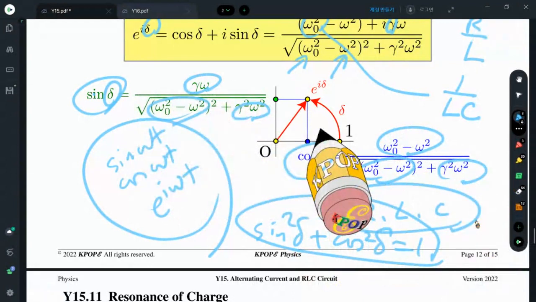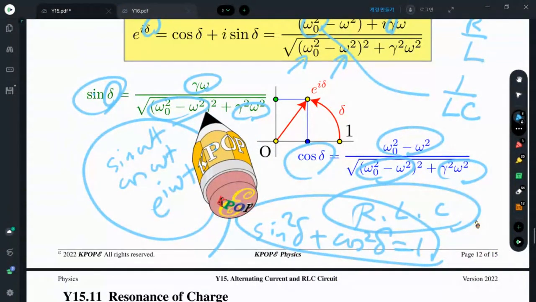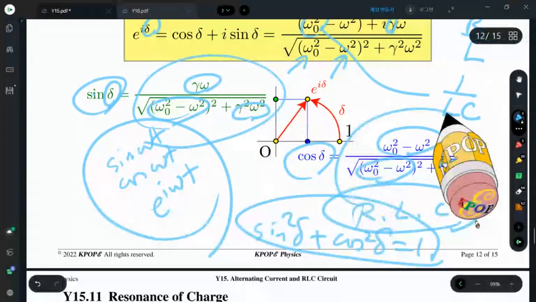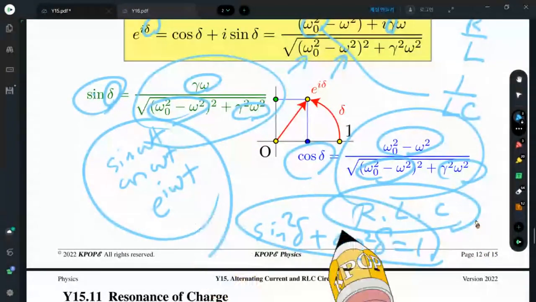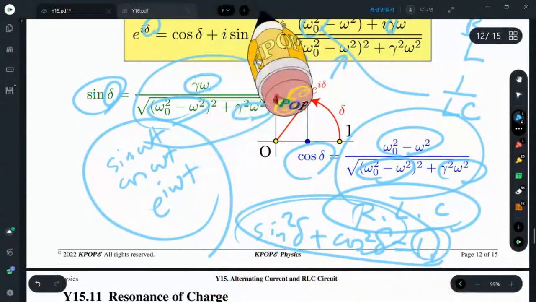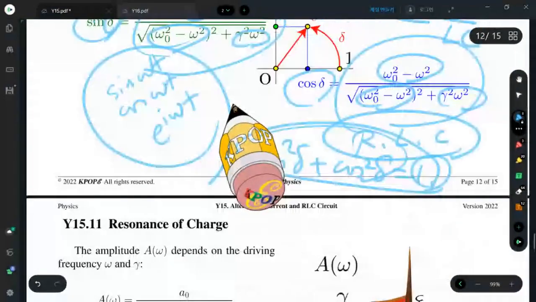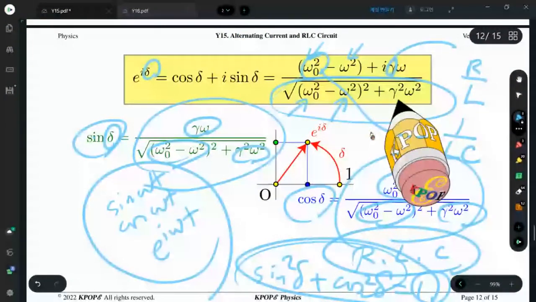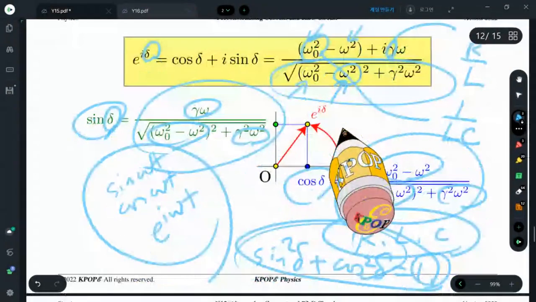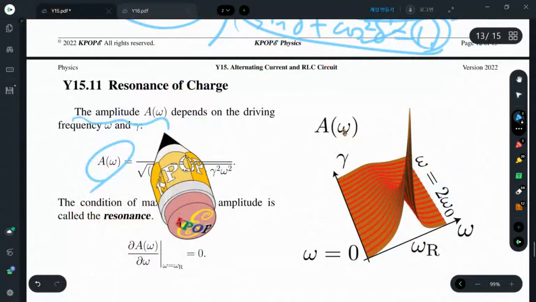Whatever omega, whatever gamma, omega 0, whatever value you substitute, these two numbers are cosine and sine, and their square sum must be unity. You know, there is a denominator. This denominator is a function of omega, and that determines the resultant amplitude of the output.